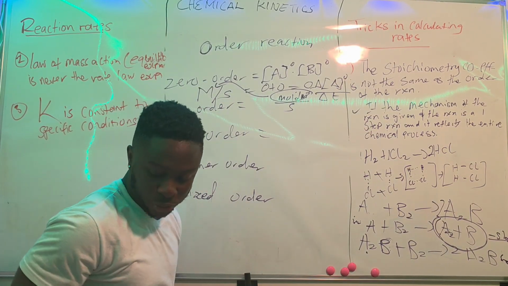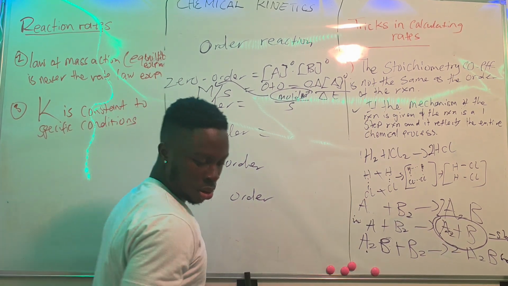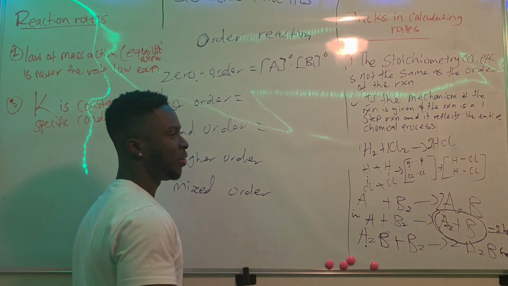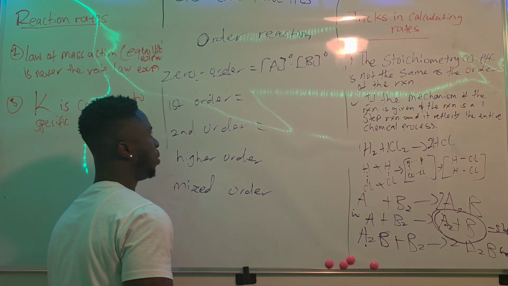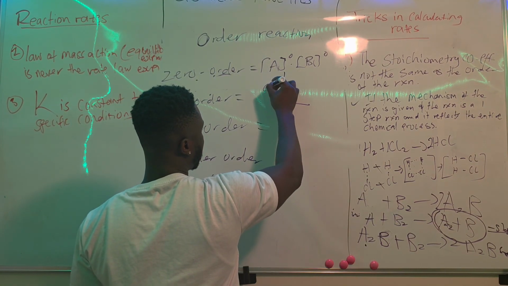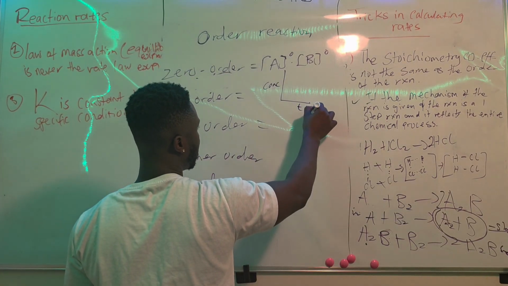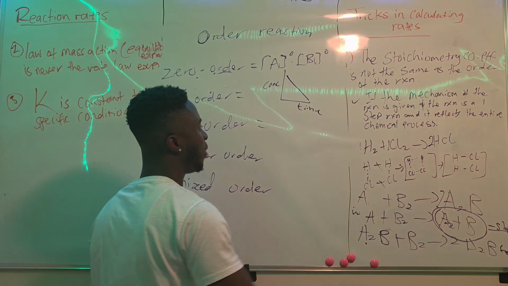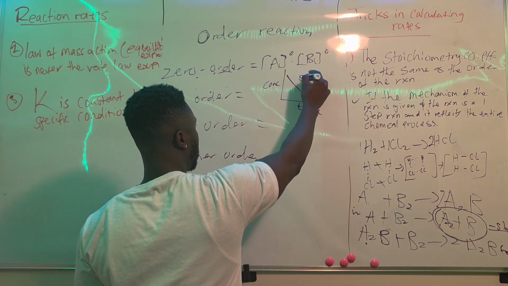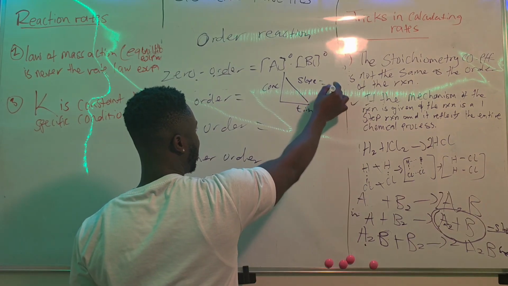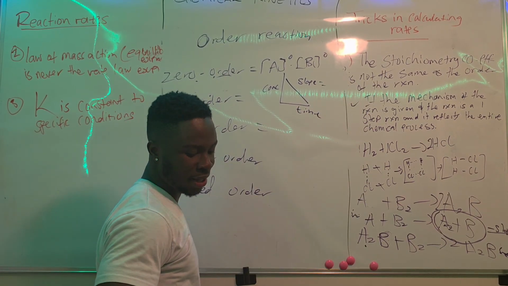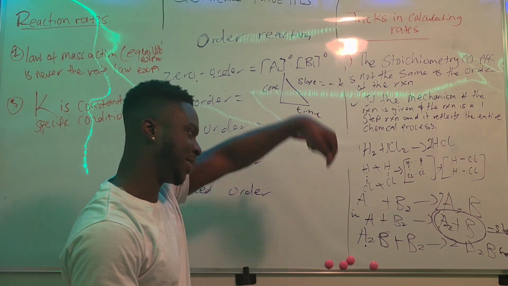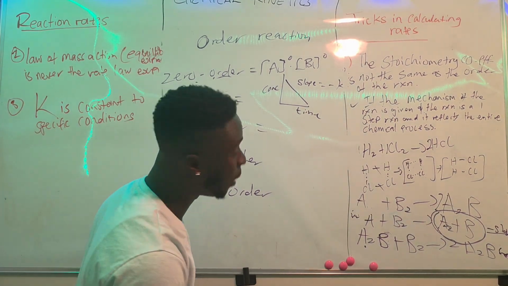Now the first order of reaction. If I'm supposed to plot a graph of concentration against time in the zeroth order reaction, I have this concentration versus time t. I'm going to have a graph that looks like this, and this graph is going to have a negative slope. Now the slope, which is negative, is going to be the rate constant k, but this time it's going to be negative k over here, so that the negative will cancel the negative, and at the end I'm going to have a positive k.